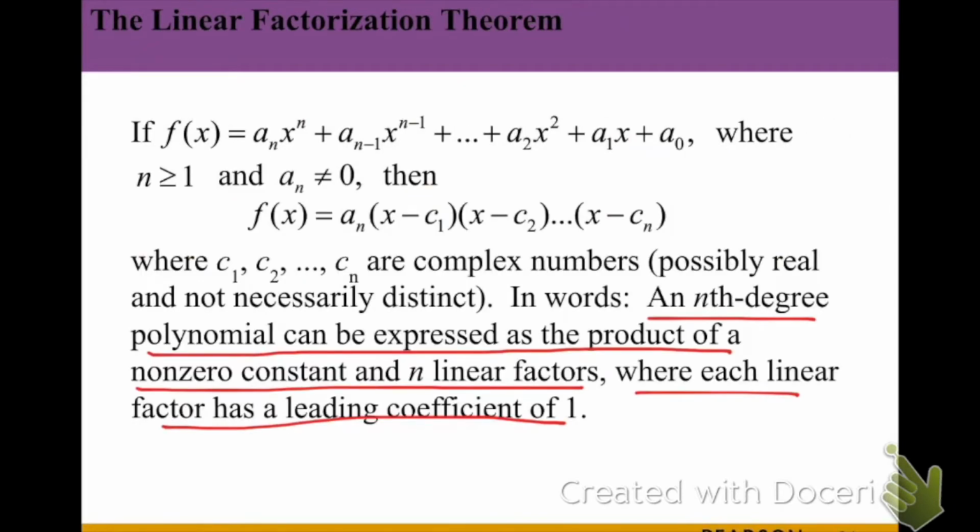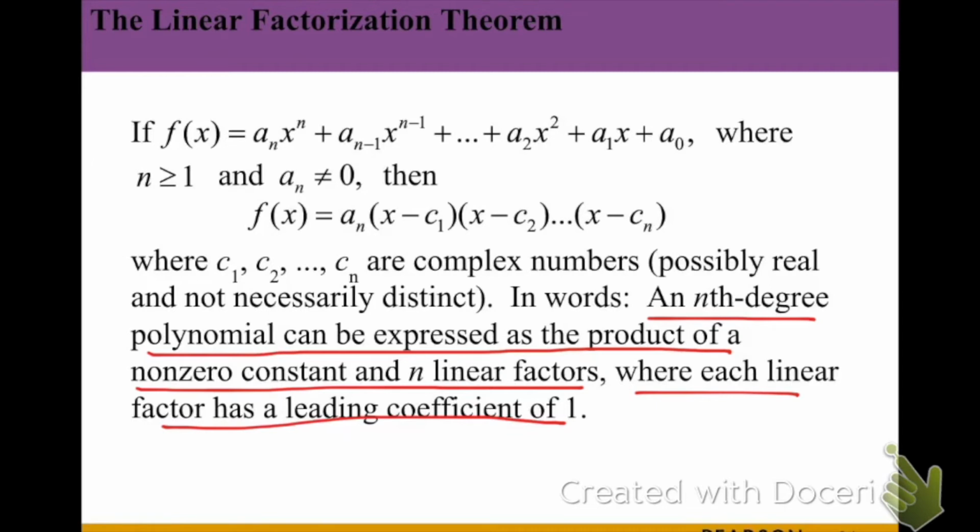This leads us to the linear factorization theorem, which says if we have a polynomial, I'm not going to read that out, where n is greater than or equal to 1, and our a sub n, our leading coefficient, is not 0, then that polynomial can be written as a sub n times x minus c1 times x minus c2, all the way up to x minus cn, where the c's are complex numbers, possibly real but not necessarily distinct, so they can repeat.